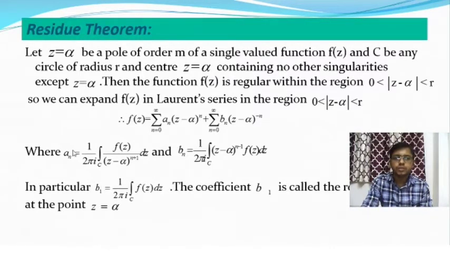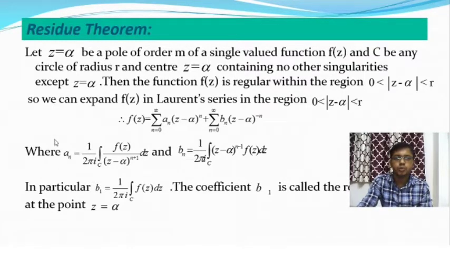Here a_n equals 1 by 2 pi i times the closed integral over C of f of z by (z minus alpha) to the power n plus 1 dz, and this is the principal part of the Laurent series. If this part contains a finite number of terms, say m, then f of z has a pole at z equals alpha of order m.